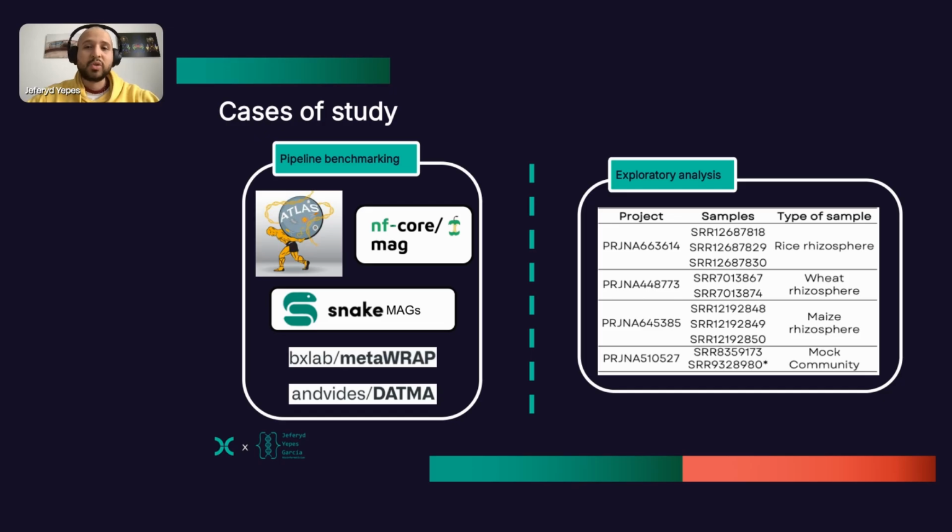For example, during exploratory analysis, let's say that you have different samples from maize rhizosphere, and you want to compare them. You want to check how different they are, the MAGs that you can recover from one environment that are not present in another one. This can be done quickly with this tool.